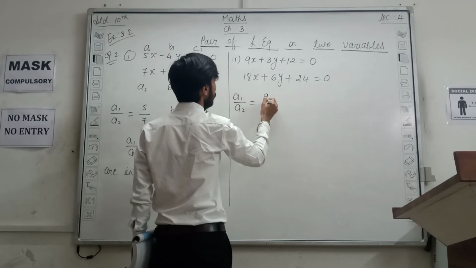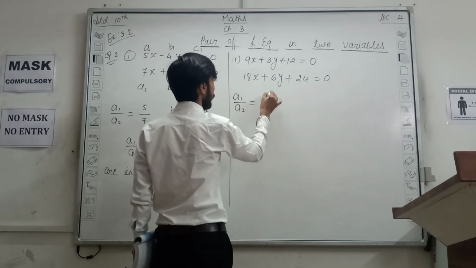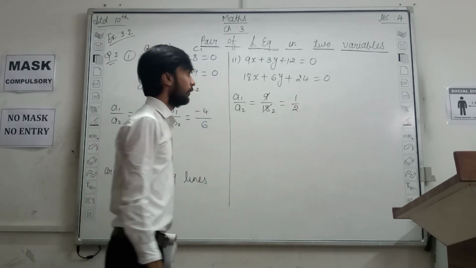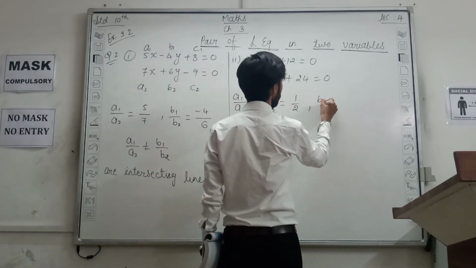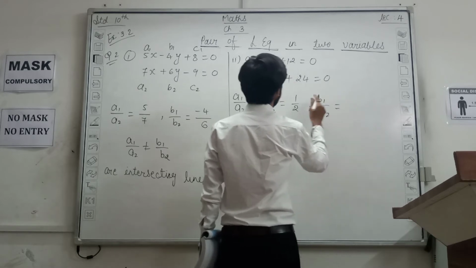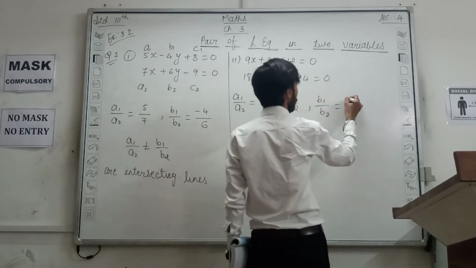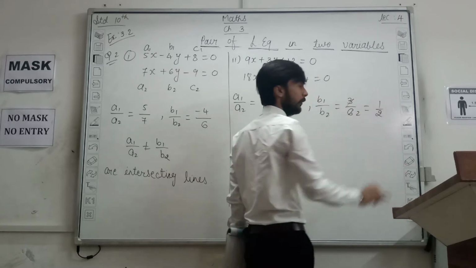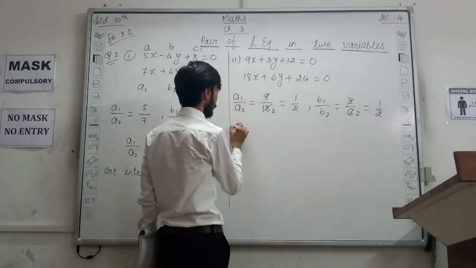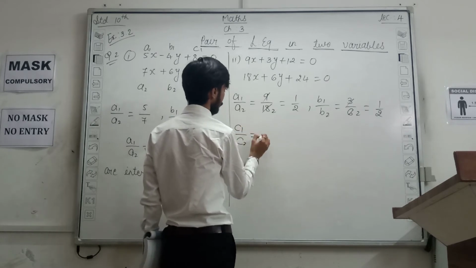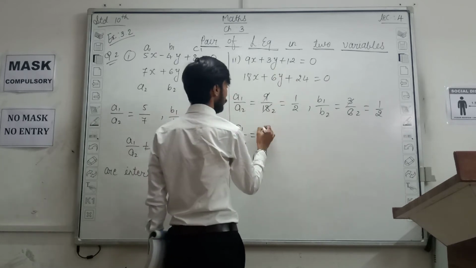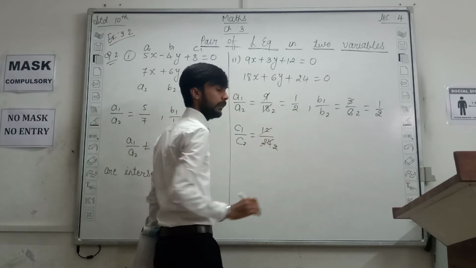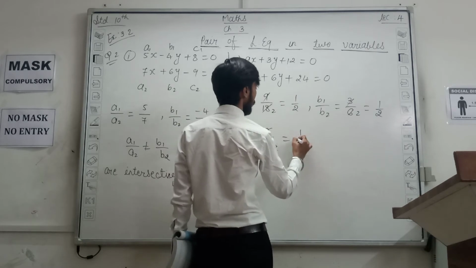A1 is 9, A2 is 18. 9 twos are 18, so A1 upon A2 is 1 by 2. B1 upon B2: B1 is 3, B2 is 6. 3 twos are 6, so B1 upon B2 is 1 by 2. C1 upon C2: C1 is 12, C2 is 24. 12 twos are 24, so 1 upon 2.